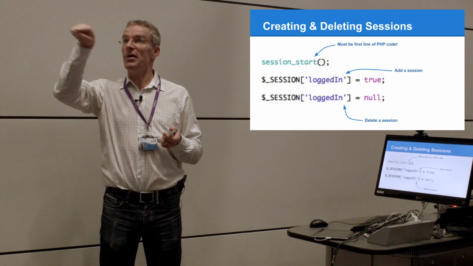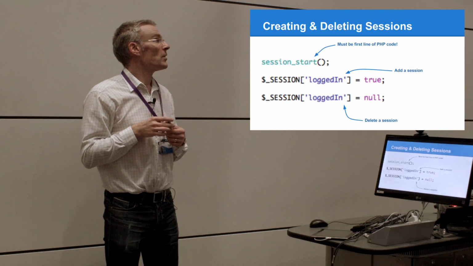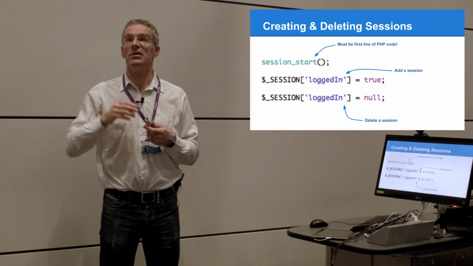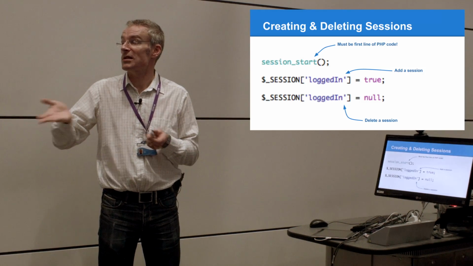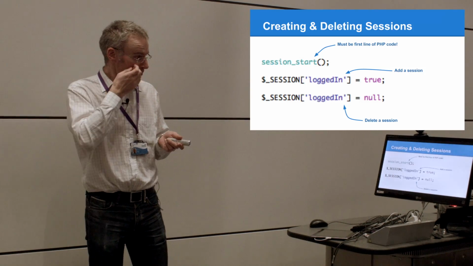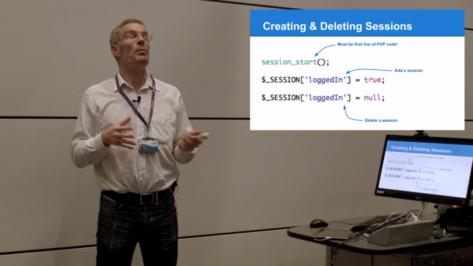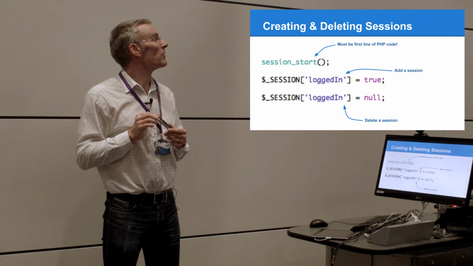So you put the opening PHP tags, you then straight away put session_start. No spaces, no tabs, no nothing. Very important, because as soon as a white space comes, it'll display the white space and then it's lost its chance to use sessions. And then all we have to do is, instead of $_POST, which you use for the post data, we have $_SESSION.